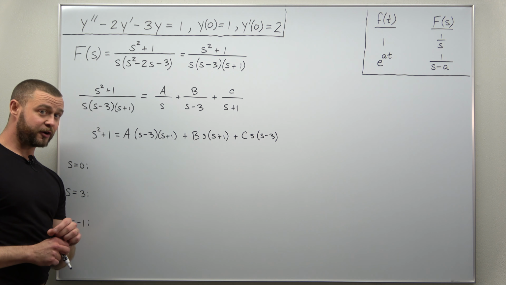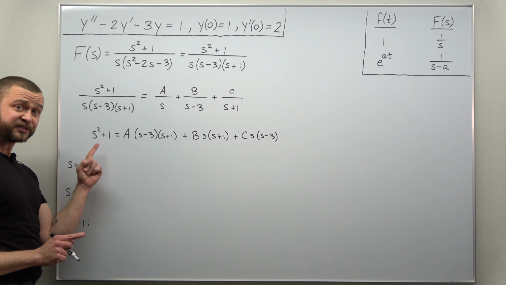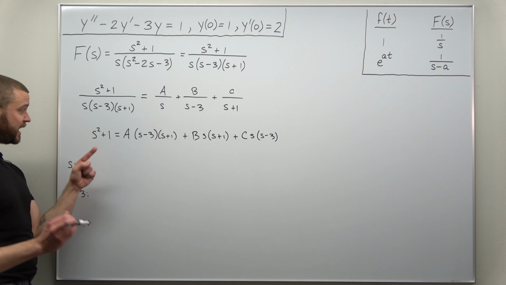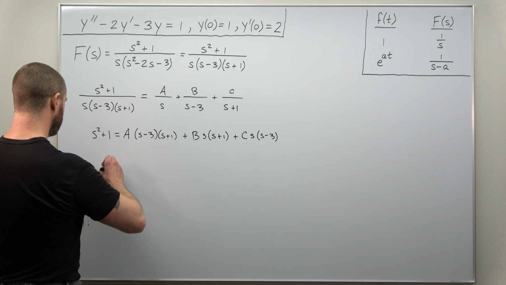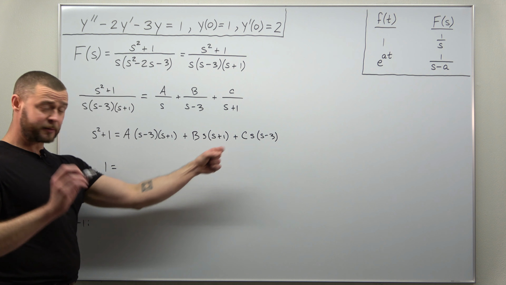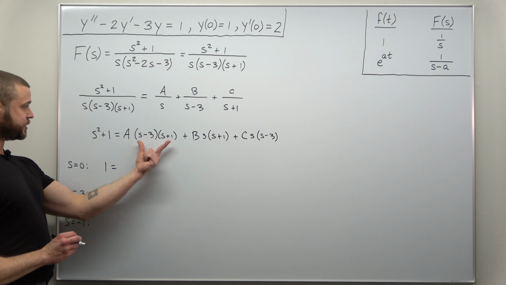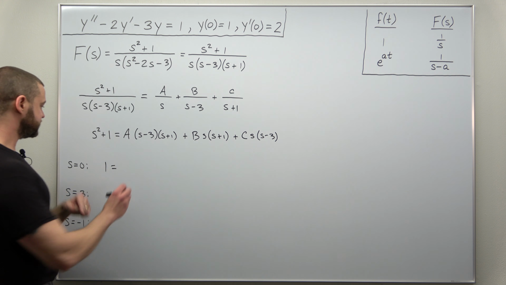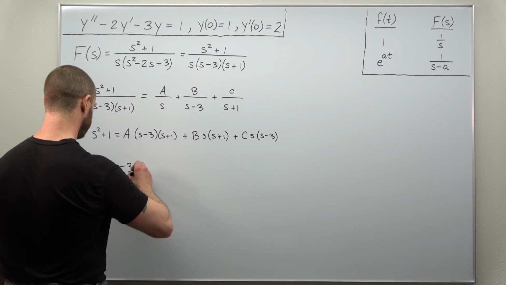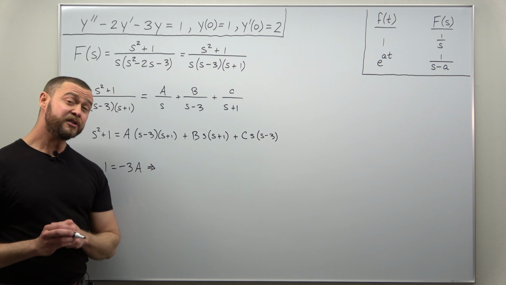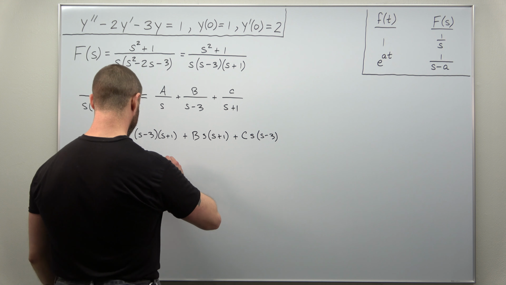You would have done this earlier in your Calc 2 course, but instead of s, you would have had the variable x. So plug in s as 0. We should get, on the left, 1, and your B and C terms will drop out. When s is 0, we're going to get minus 3 times 1, so we'll get minus 3A. That immediately tells us that A is negative 1 over 3.